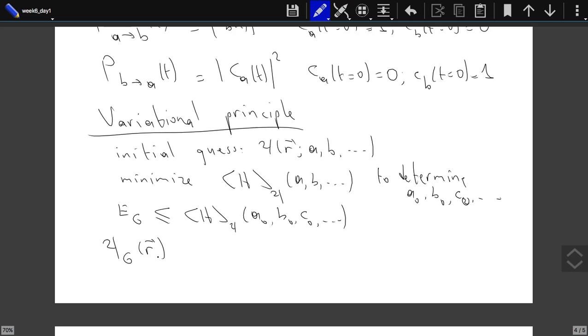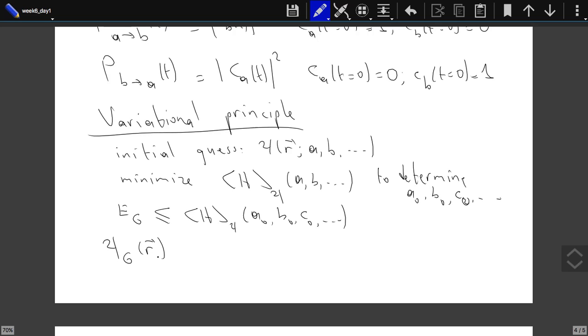Now the thing is, if by changing these parameters you are able to reproduce the ground state, then this method will give you the ground state. But of course, for a general problem, if you don't know the ground state, you can never be really sure whether you have the ground state or not. But if I try with different functions, then I could choose the one that gives the minimum, right? Yes, sure.